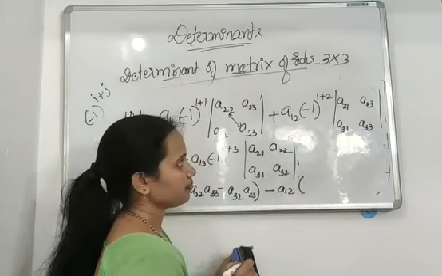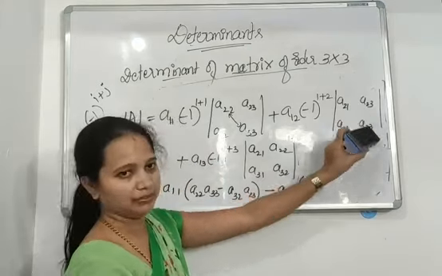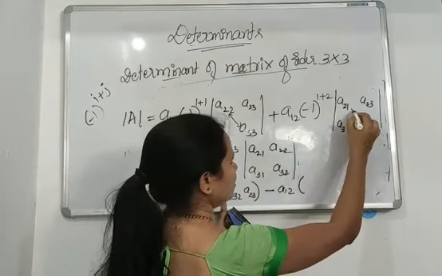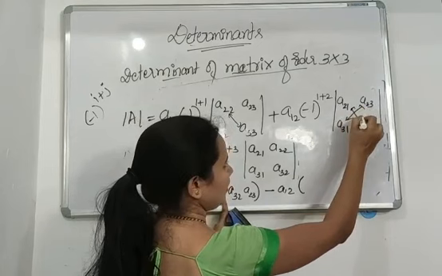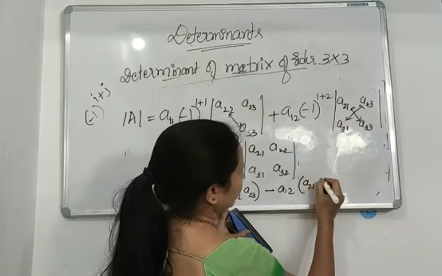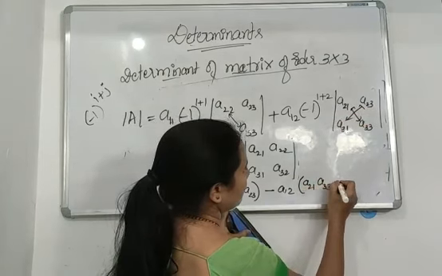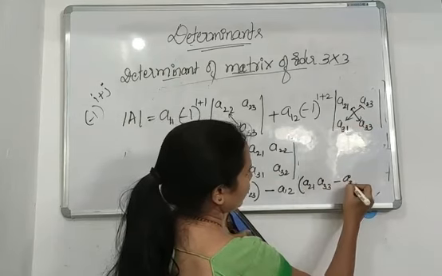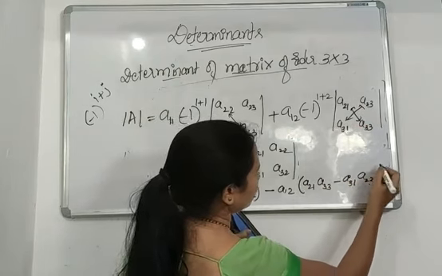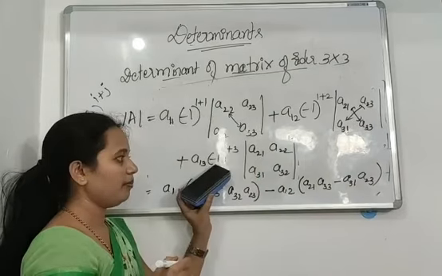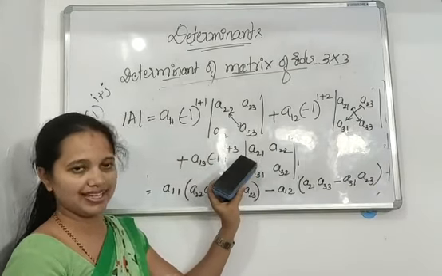A12 into cross multiply. Again cross multiply the diagonals: A21, A33 minus A31, A23. Next, minus 1 power 1 plus 3 is even.